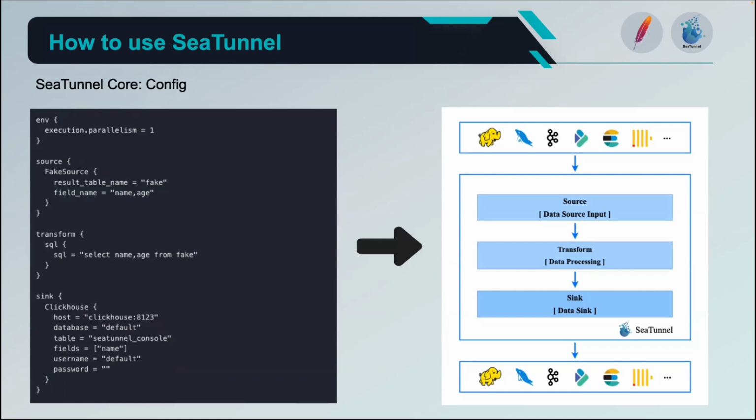As the names suggest, these four components define a complete data processing process: reading data from the source, then transforming the data, and finally writing the data to the sink. The whole process is the same as the picture on the right. You can see the various data flowing in the SeaTunnel engine, but the flow is very simple.